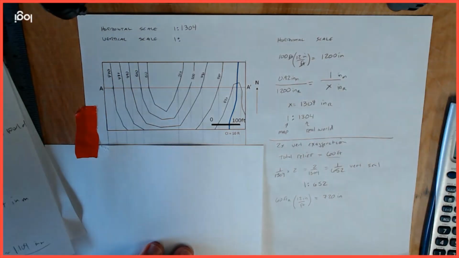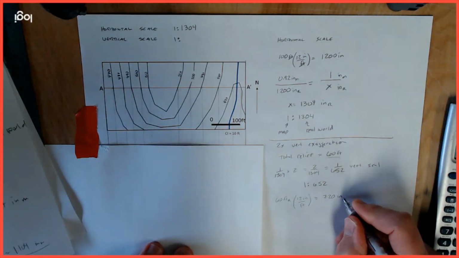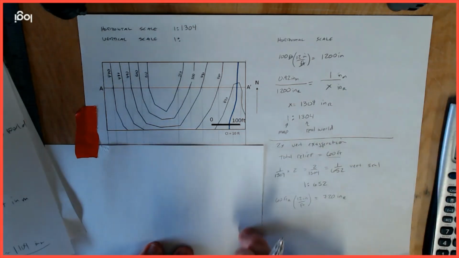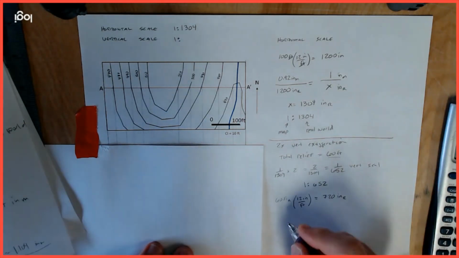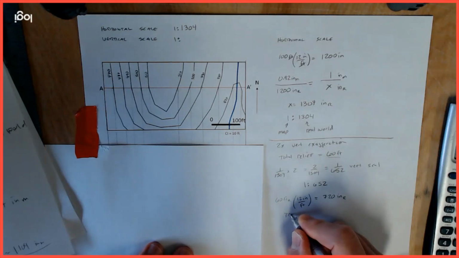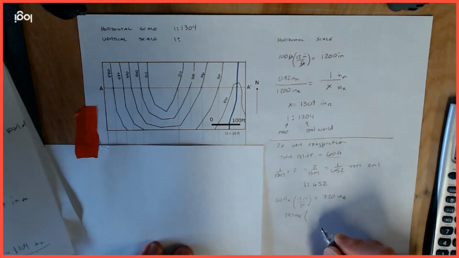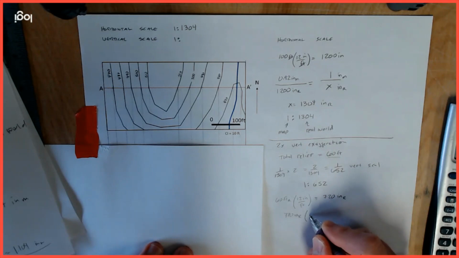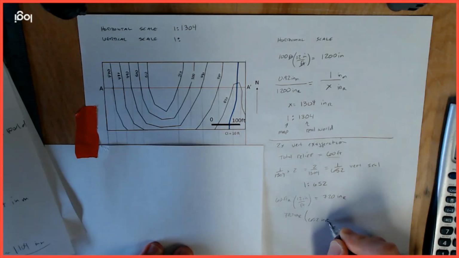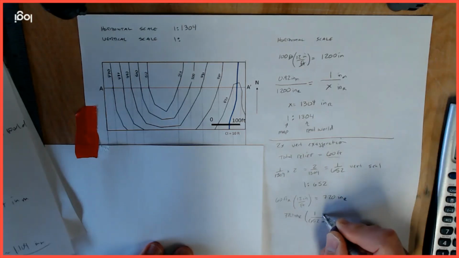So we have 720 inches in the real world, and we have to figure out if that's going to fit at this scale. So let's say 720 inches in the real world, and our vertical scale is 652 inches in the real world for every inch measured on the map.